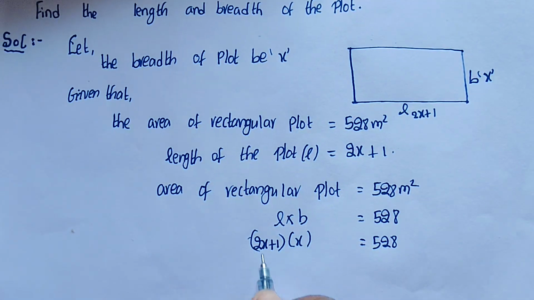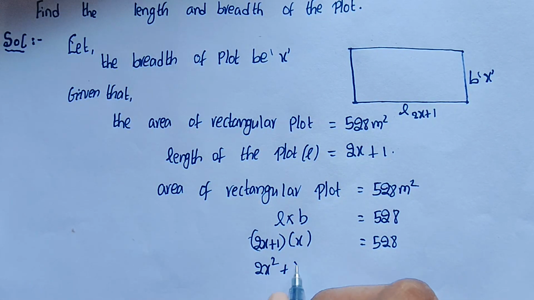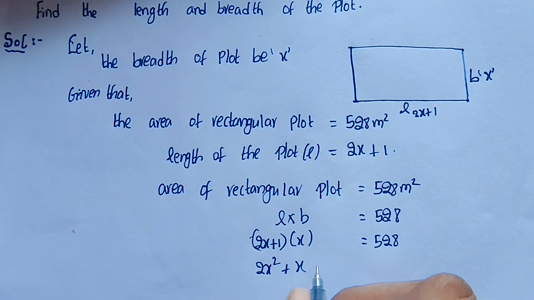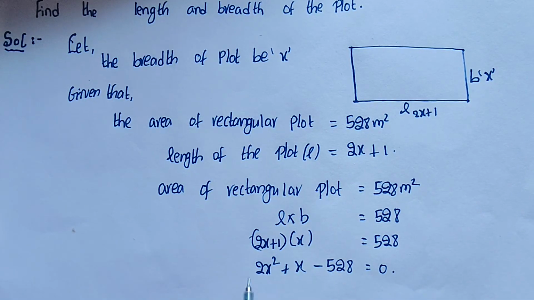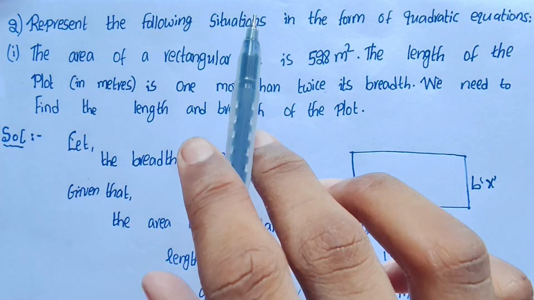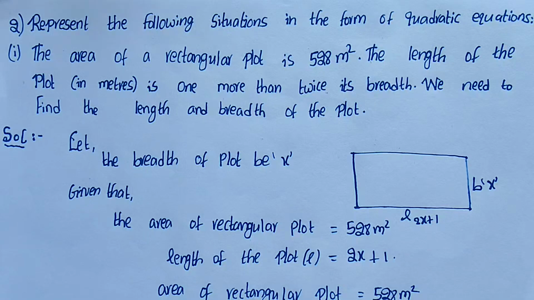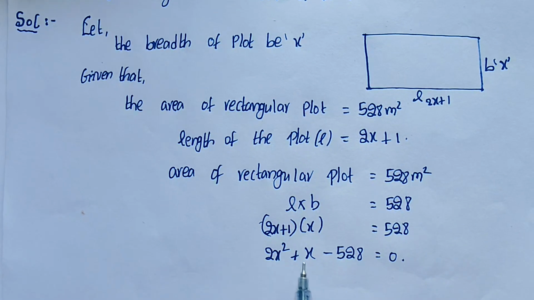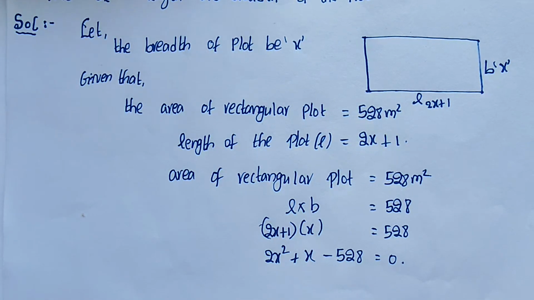So here x into 2x is 2x squared, plus x into 1 is x. If you transpose the 528 to the left side, then it becomes minus 528 equals 0. So we have got the quadratic equation. He asked us to form the quadratic equation through the given situation. So I have formed the quadratic equation from the given situation of the rectangular plot.